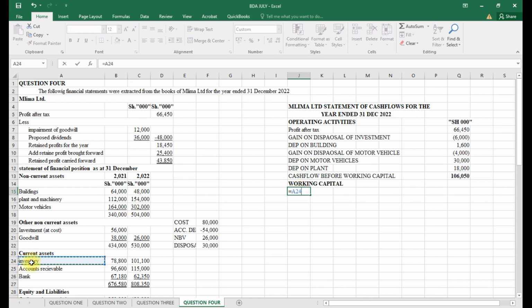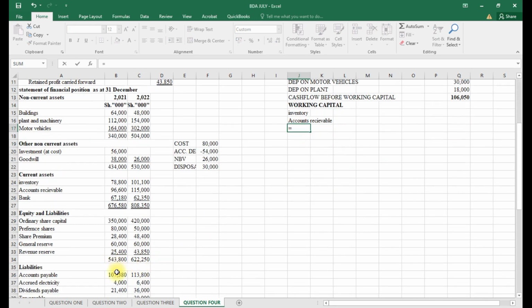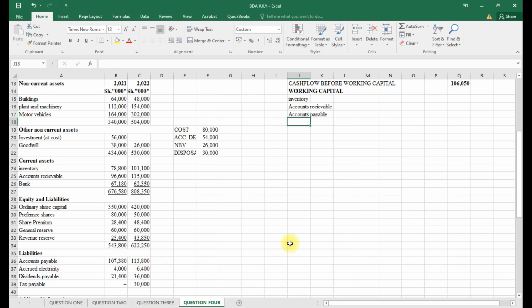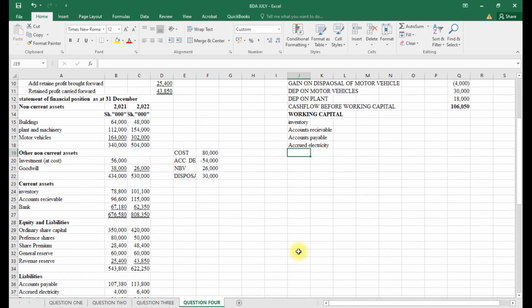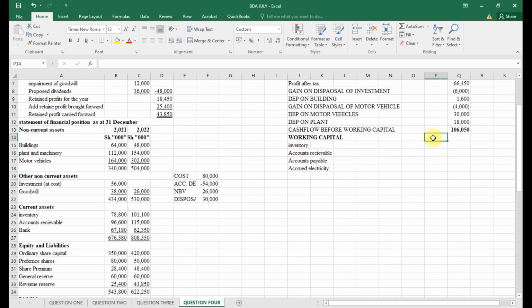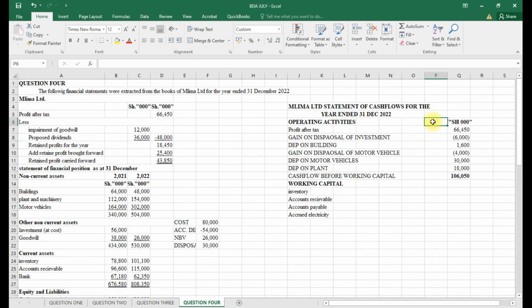Just pick them directly: the inventory, the receivable, the payable, and we have even the accrued. Accrued is part of it, and I will do it here. Still, this is shillings in thousand. That way. Shillings in thousand. And I control bold again for this one.